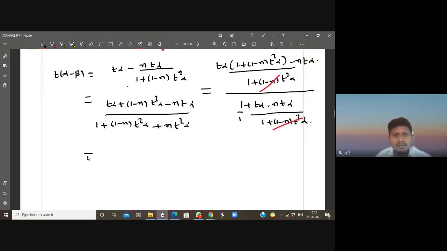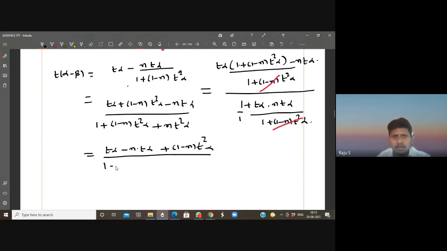Right, students, after simplifying, what is the answer you got? Do it fast. So here in the numerator I want to write tan alpha minus n into tan alpha at 1 plus 1 minus n into tan square alpha.